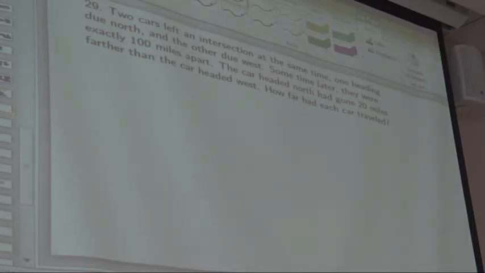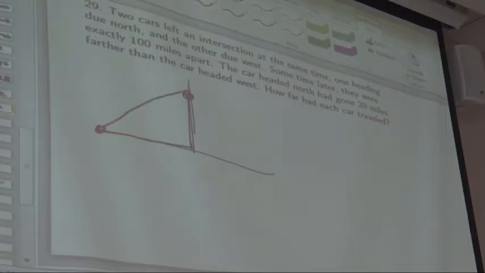Now two cars left the intersection at the same time, one going north and another going west. So this is north, and this is west.